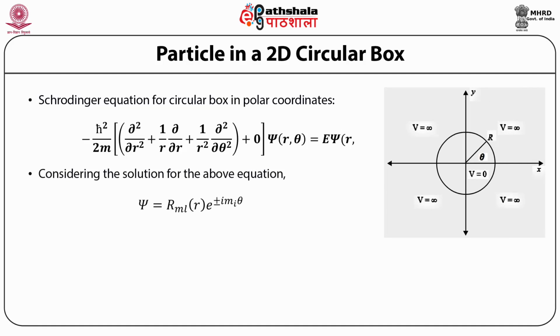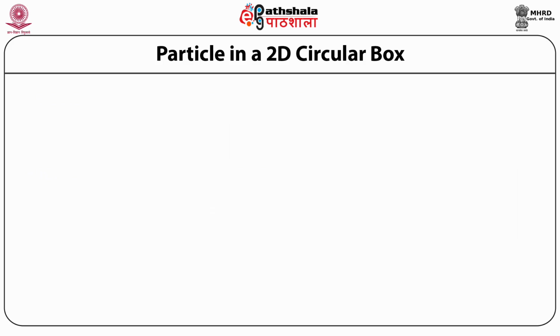Now considering the solution for the above equation as psi is equal to R(r), a function of small r, multiplied by exponential plus minus i m theta. So now the radial equation reduces to a form of Bessel's equation.